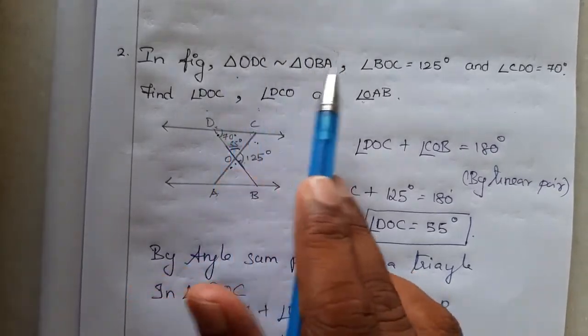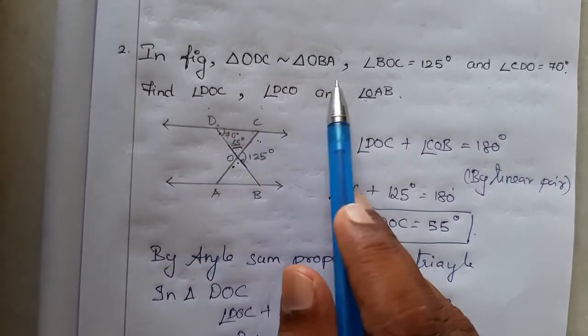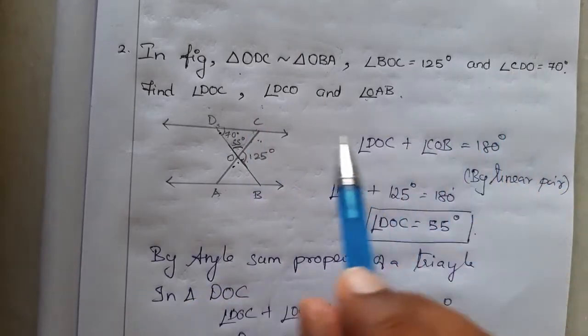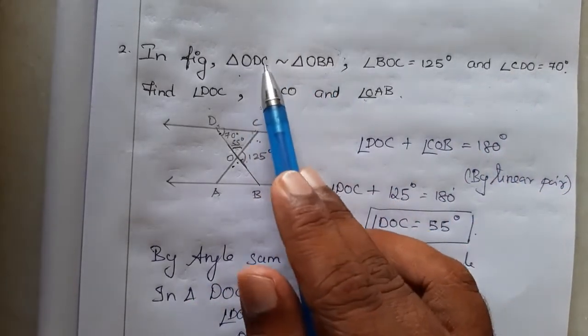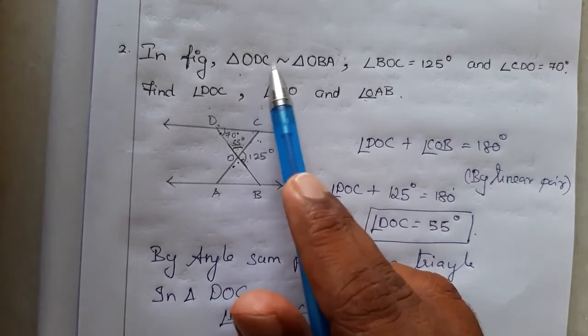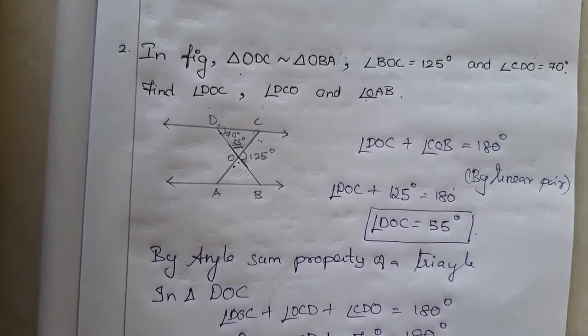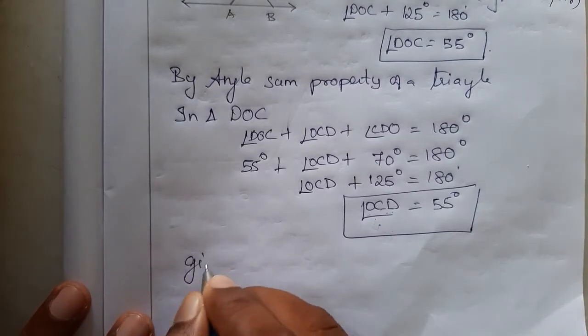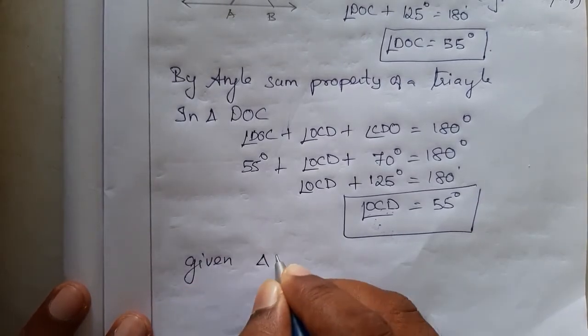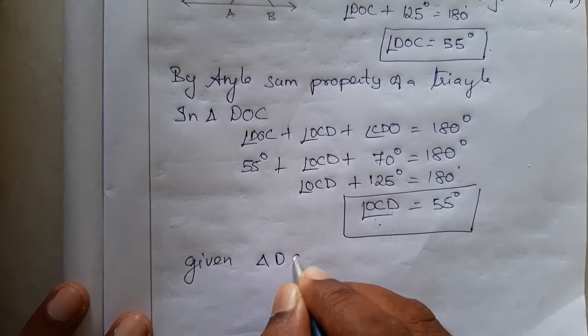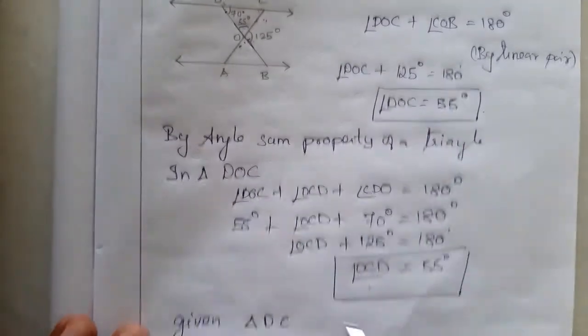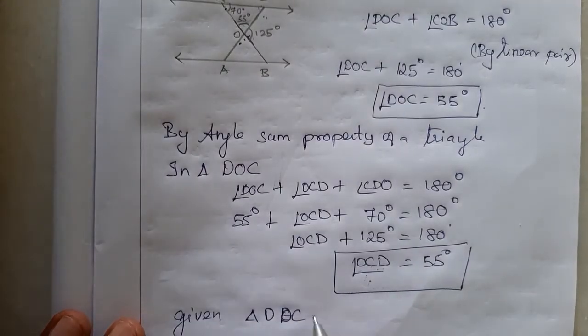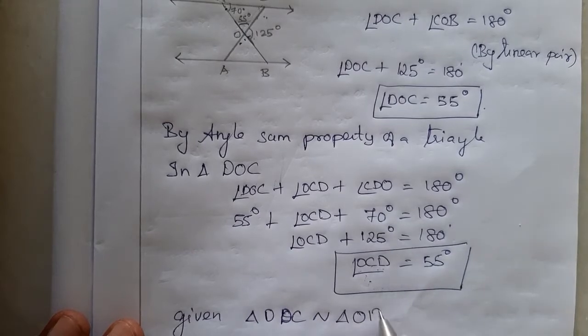Next we have to find angle OAB, but you can see in the question one condition is given: similar. If the triangles are similar, the corresponding angles should be equal. So angle A corresponds to angle C. The value of angle A should be the same as angle C. It is given that triangle ODC is similar to triangle OBA.